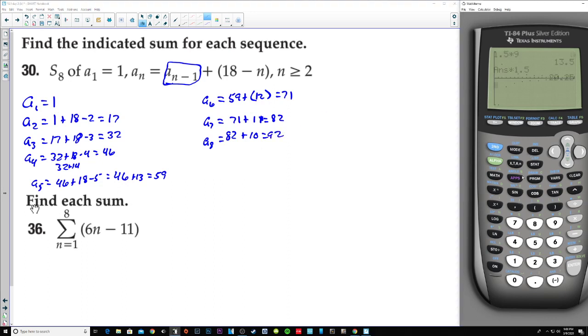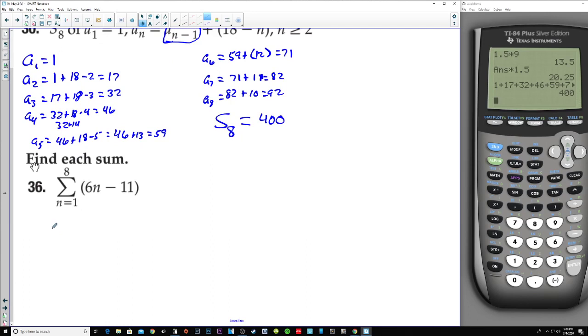We're going to go 1 plus 17 plus 32 plus 46 plus 59 plus 71 plus 82 plus 92. And we get 400. So S sub 8, the eighth partial sum, the sum of the first 8 terms, is 400.